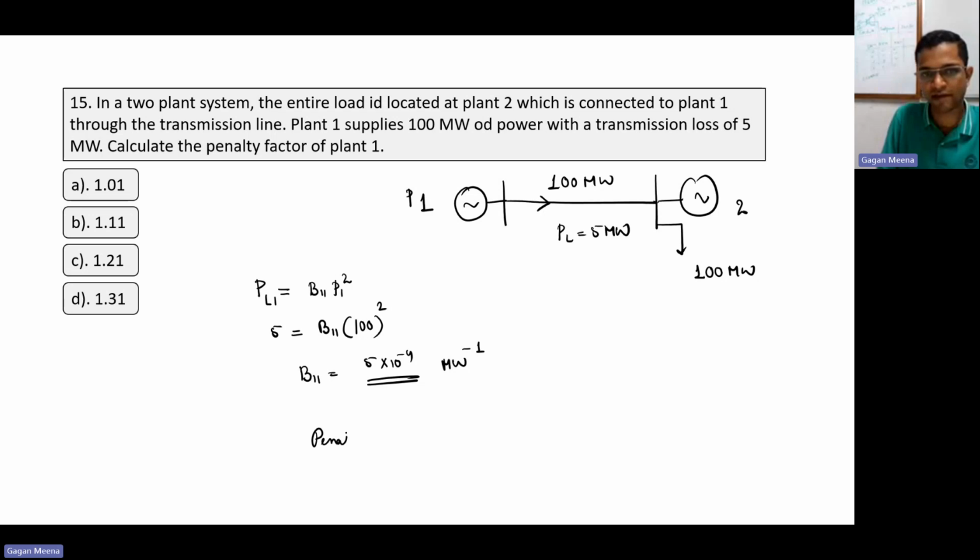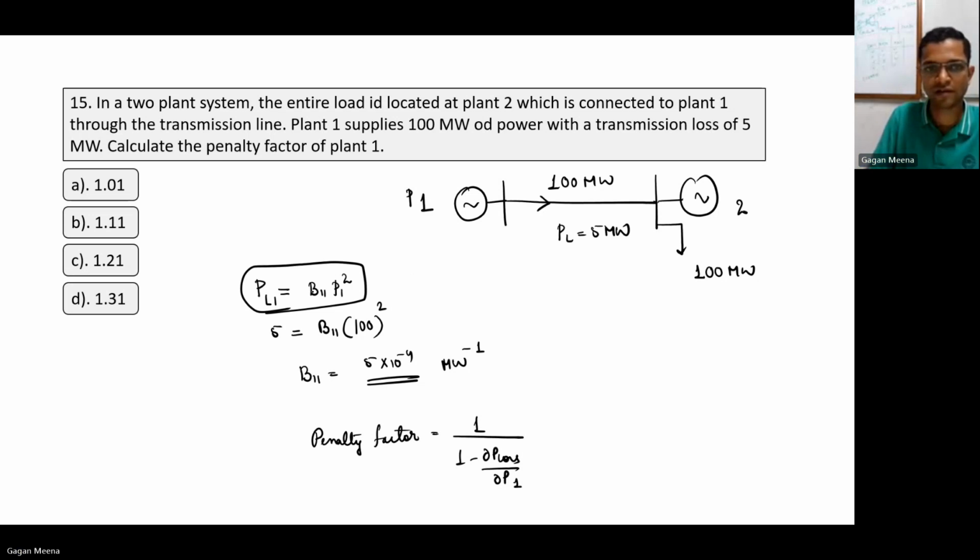And what is the penalty factor? We know penalty factor for generator 1 is 1 upon 1 minus dou P loss upon dou P1. And we know the loss function is this. Then dou P loss by dou P1 will be 2B11 P1, which is 2 into 5 into 10 to the minus 4 into 100.